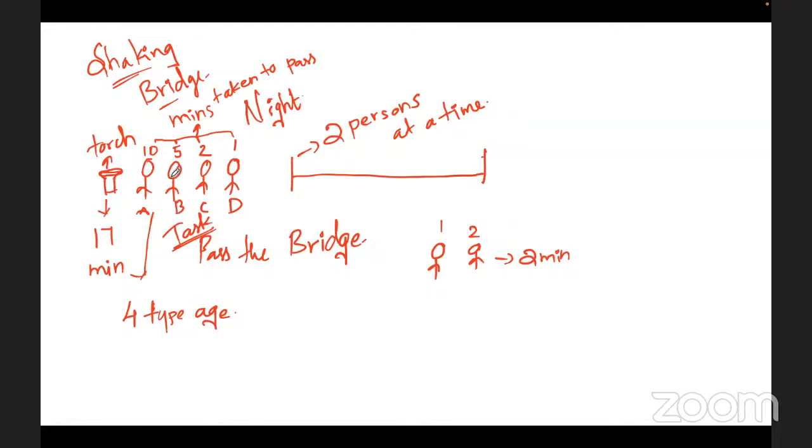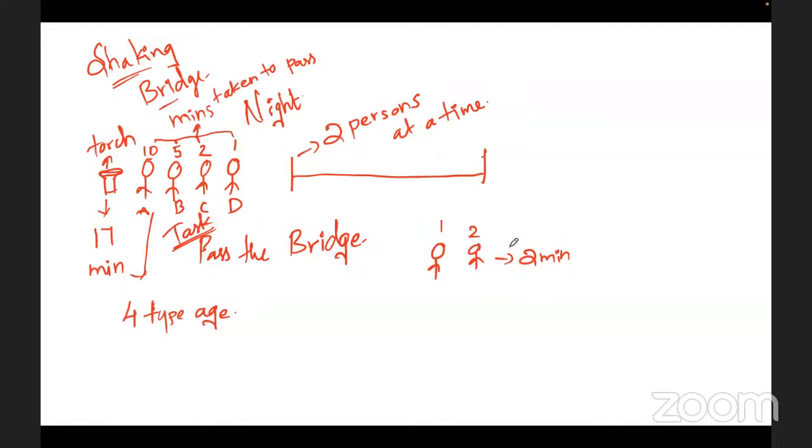So likewise, if 10 and 5 join together to pass the bridge, how much time it took is 10 minutes. Okay. So likewise, you have to tell me who has to go first, who has to come back, and who has to rescue others. That's what the thing is. He has to get back, right?